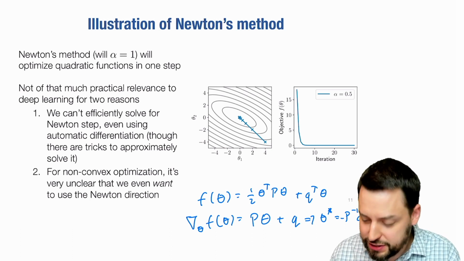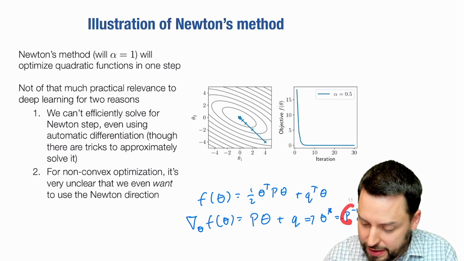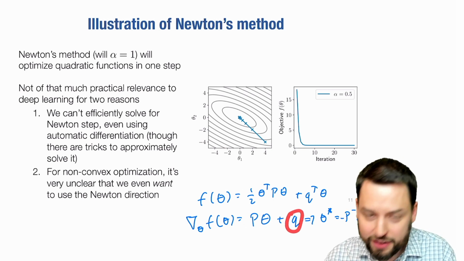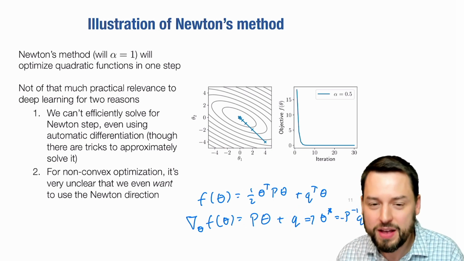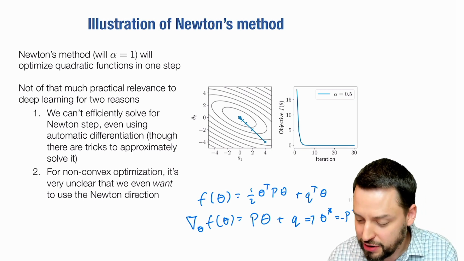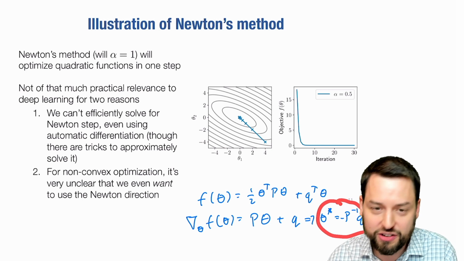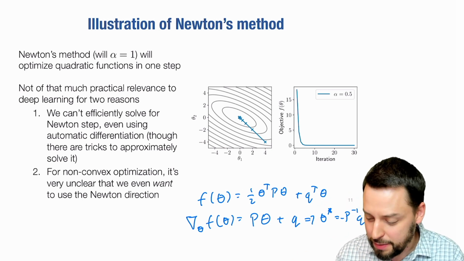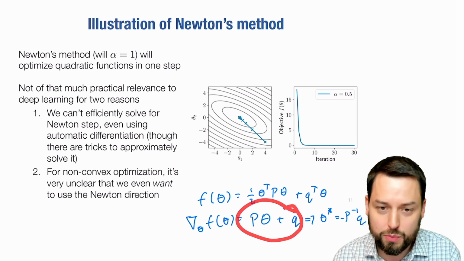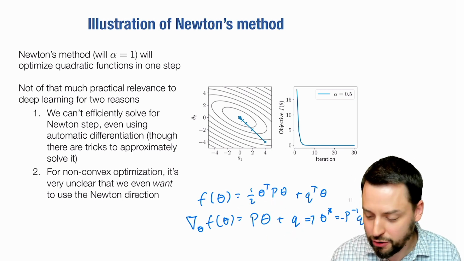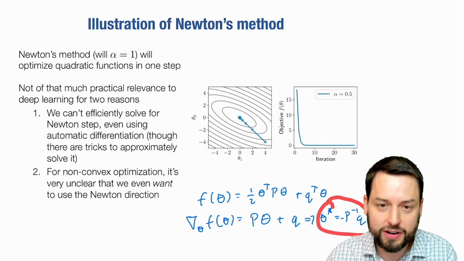And it turns out that this term P here is exactly the Hessian, and q is exactly the gradient. When you multiply the gradient by the Hessian, which in this case is P, to form a Newton update, terms cancel out, and your next iterate equals this exact solution here.